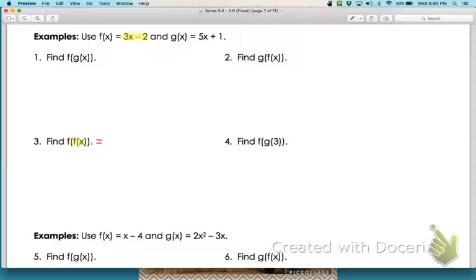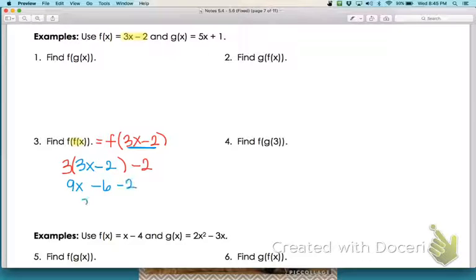So, that means that I want f of 3x minus 2. And since f is 3 times some stuff minus 2, then we just end up plugging the same value back in there. And so it seems kind of bizarre, but that is possible. We can do that. And so when we distribute, we get 9x minus 6 minus 2, which makes 9x minus 8.